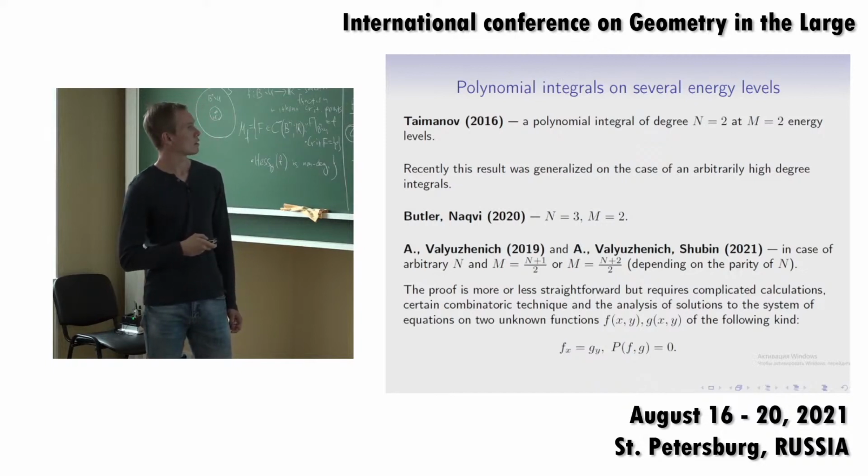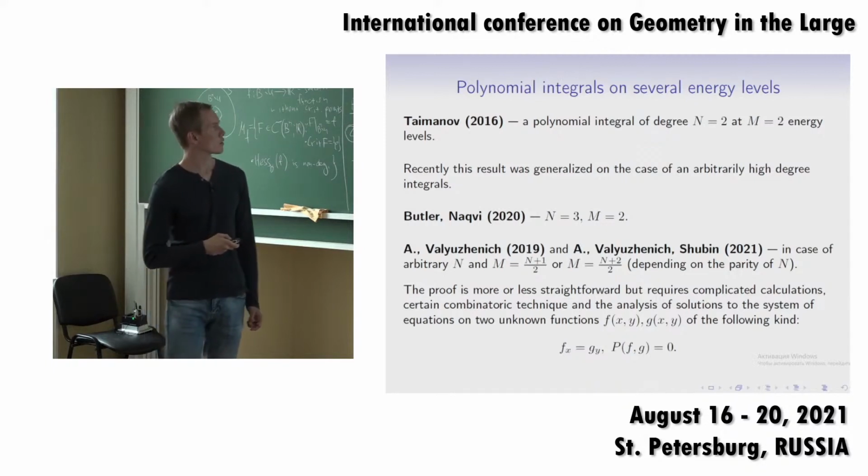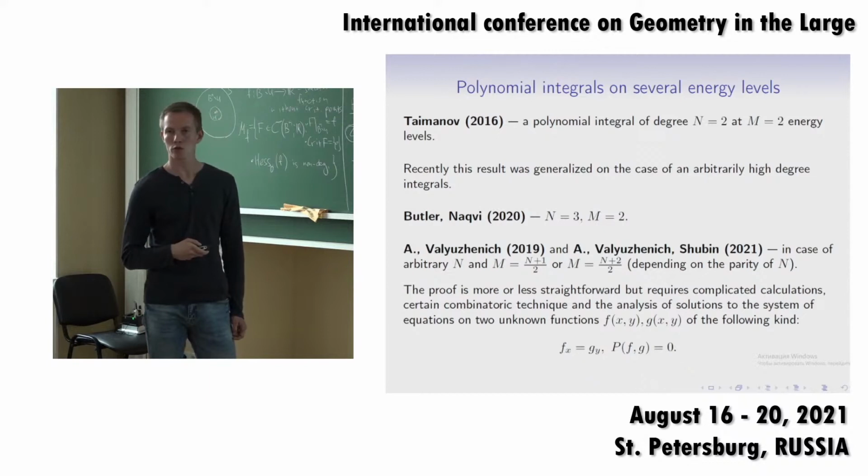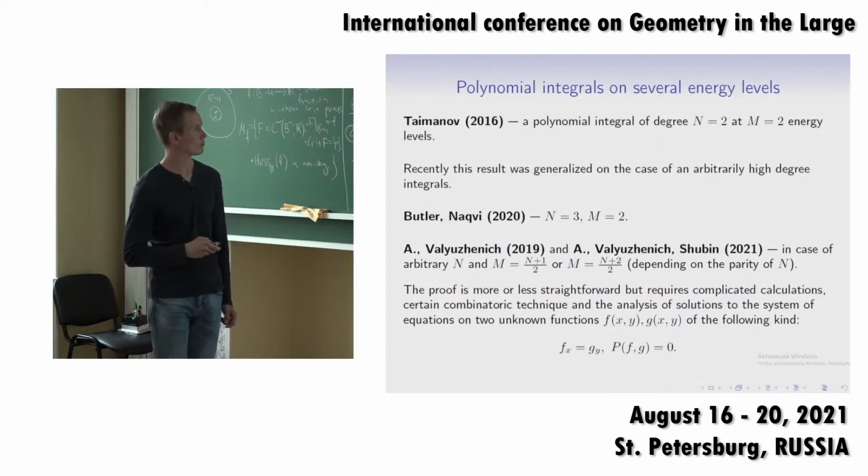And recently, together with Alexander Valyuzhenich and later also with Vlad Shubin, we managed to generalize this result to the case of an arbitrary degree first integral. This is the idea of the proof.